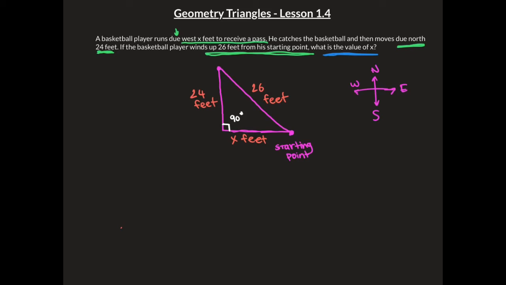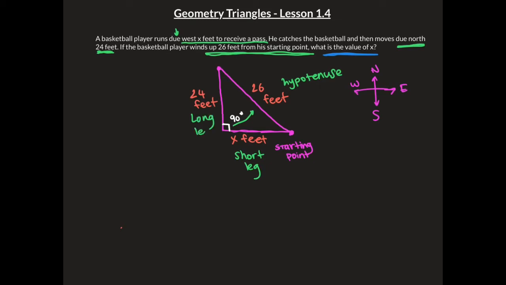So you've got two sides, but we have to find which is our hypotenuse. So the longest side, and it's a side that is across from the 90-degree angle. So 26 feet is our hypotenuse. And now this is our short leg, and then this is our long leg.